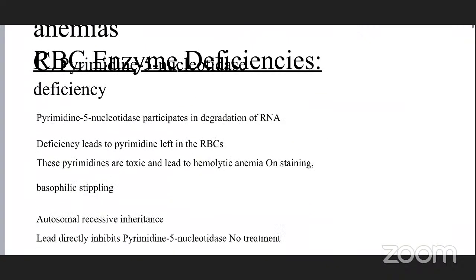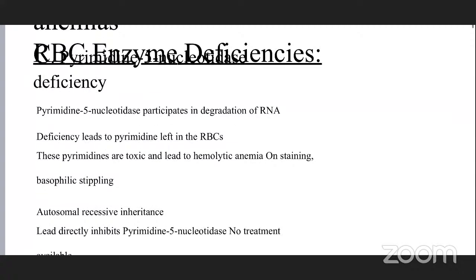Still we continue with RBC enzyme deficiency: pyrimidine 5' nucleotidase, which participates in degradation of RNA. Deficiency leads to pyrimidines being left in RBCs. These pyrimidines are toxic and lead to hemolytic anemia, and on staining it is characterized by basophilic stippling.